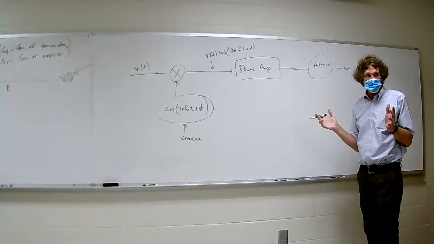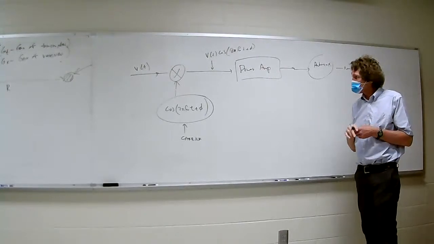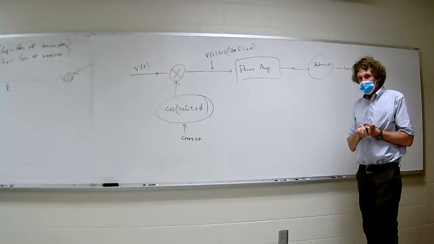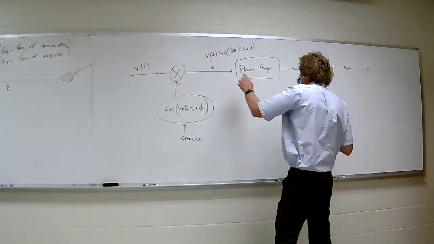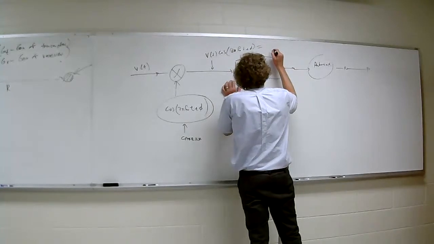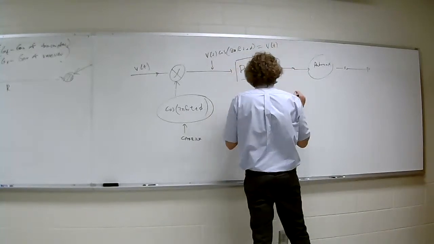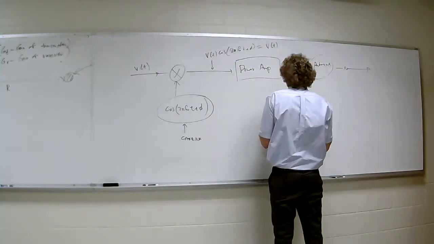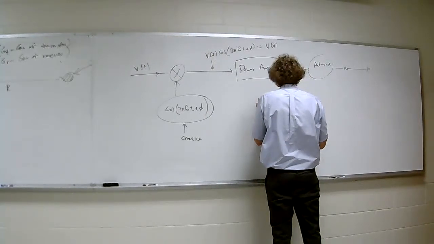This should make sense to everybody, because you've had AM, amplitude modulation. Now, the actual transmitted signal right here, I'll call V transmitted, and really it can be the voltage on the antenna. It doesn't have to be the power density.